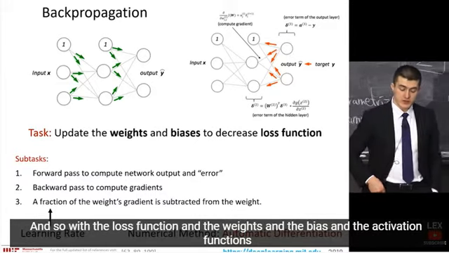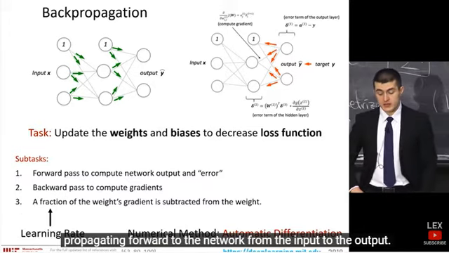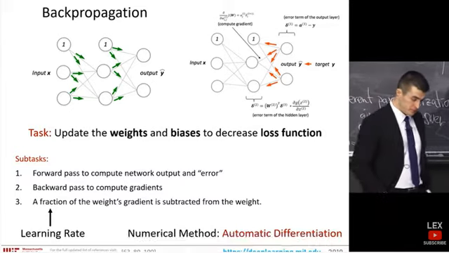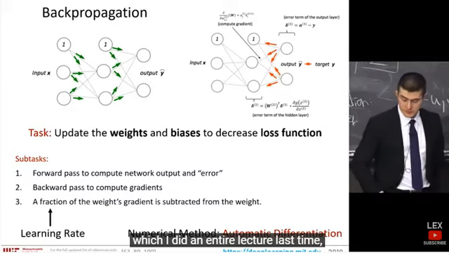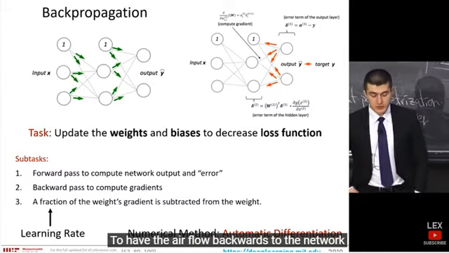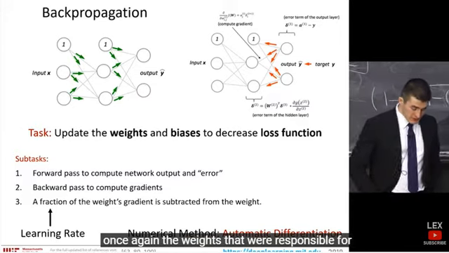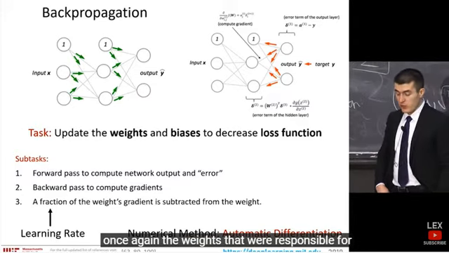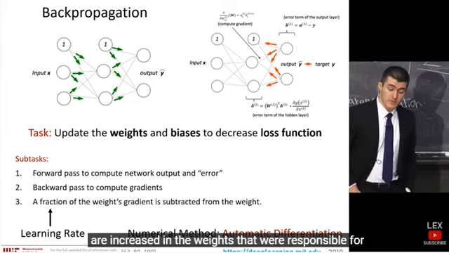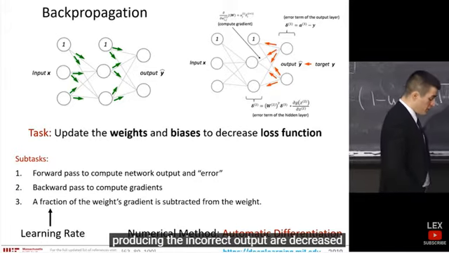And so with the loss function and the weights and the bias and the activation functions propagating forward through the network from the input to the output, using the loss function, we use the algorithm of backpropagation, on which I did an entire lecture last time, to adjust the weights, to have the error flow backwards through the network and adjust the weights such that, once again, the weights that were responsible for producing the correct output are increased, and the weights that were responsible for producing the incorrect output were decreased.